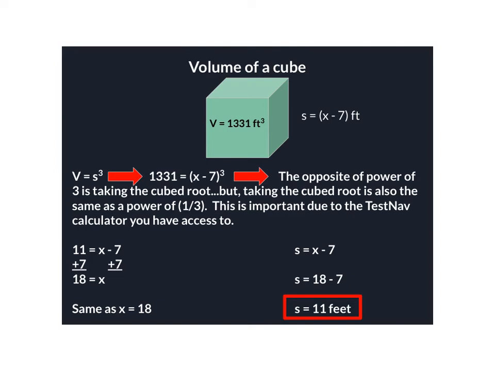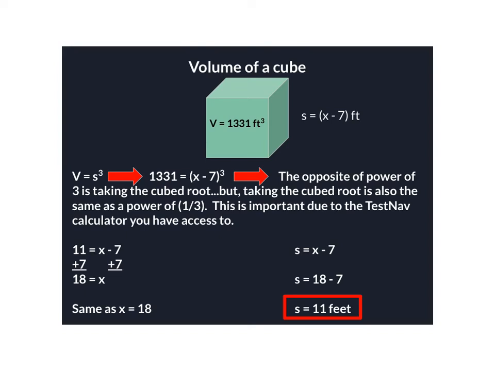Then you go 11, 11 times 11 times 11, that gives us 1331. So that's kind of a couple different places where that 11 came from. Either take the cube root of it to get 11, take 1331 and raise it to a power of 1/3 to get 11, or figure out what number we multiply by itself 3 times to get that.